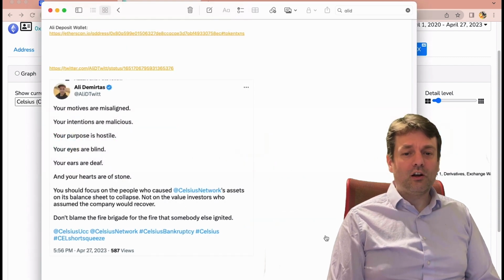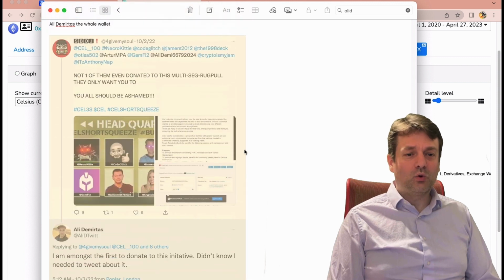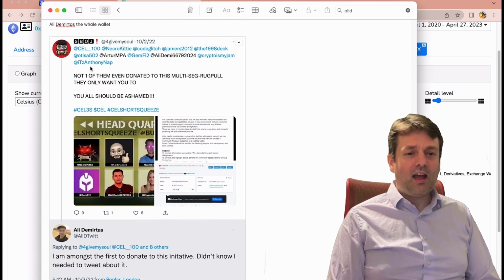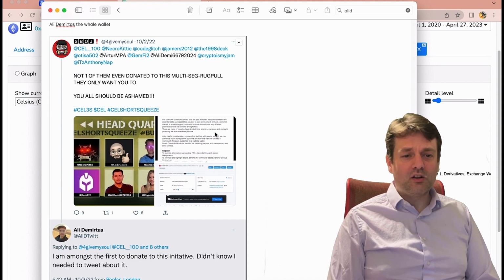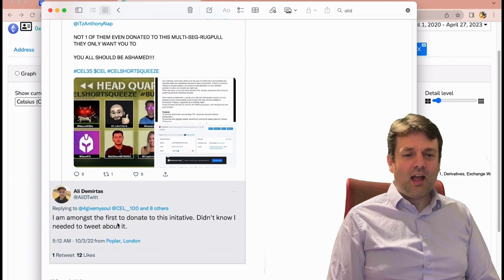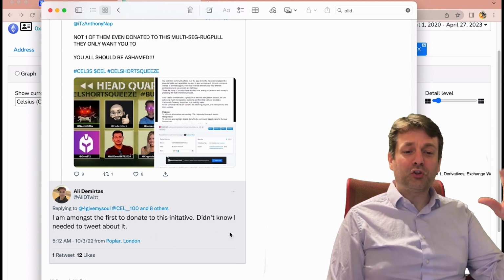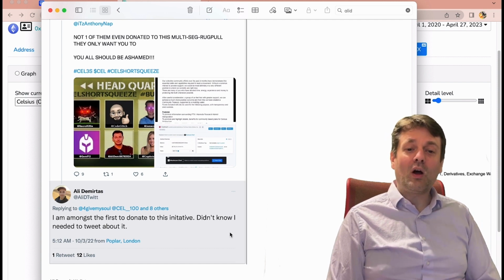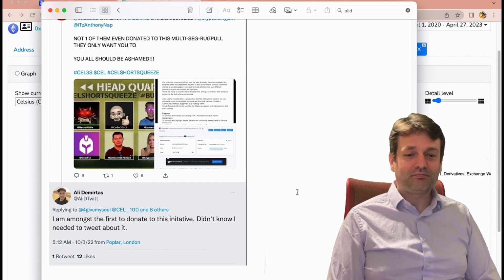And we can look back at the tweet here, and Spoji, forgive my soul, was pointing out that nobody had contributed to these wallet addresses. And Ali volunteers and says, I'm amongst the first to donate to this initiative. I didn't know I needed to tweet about it.